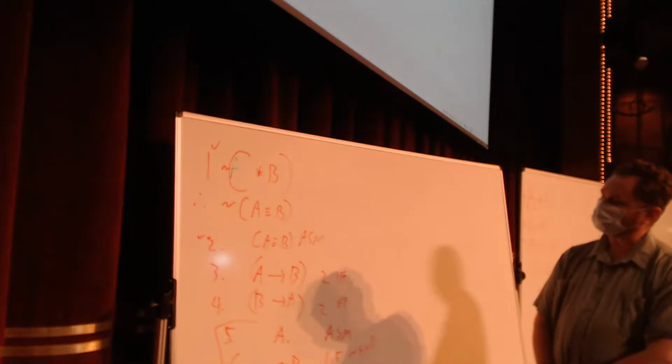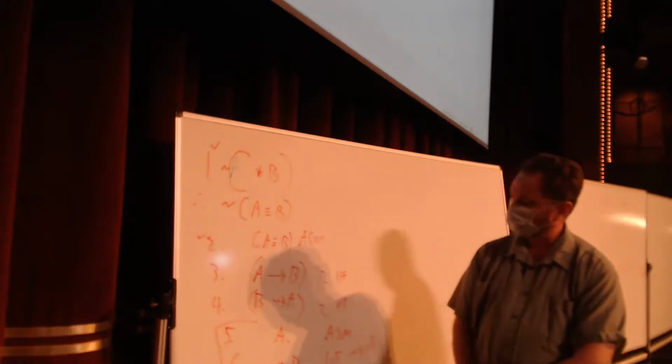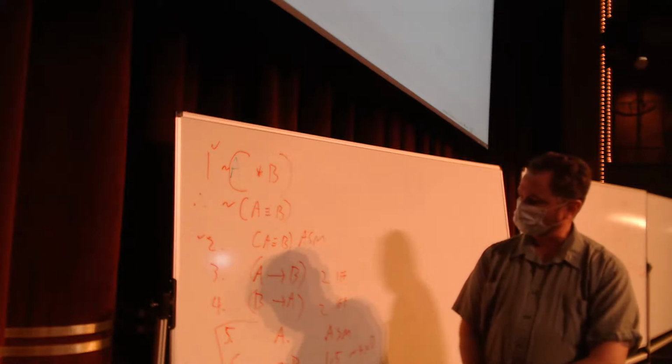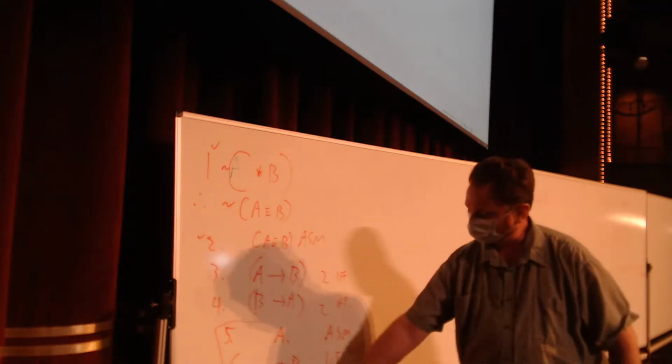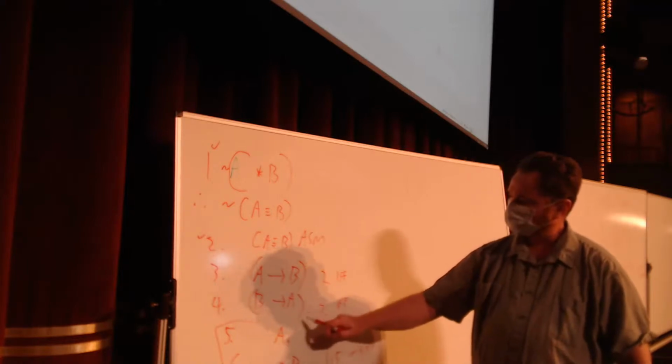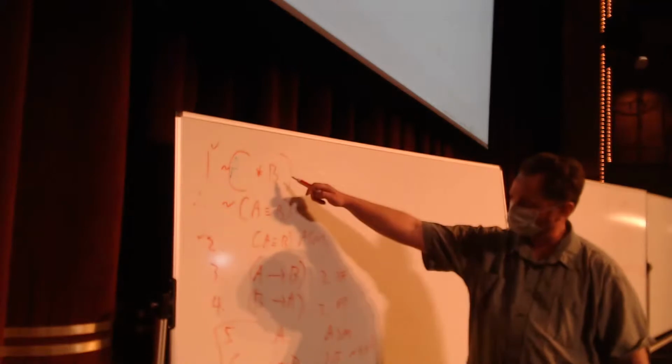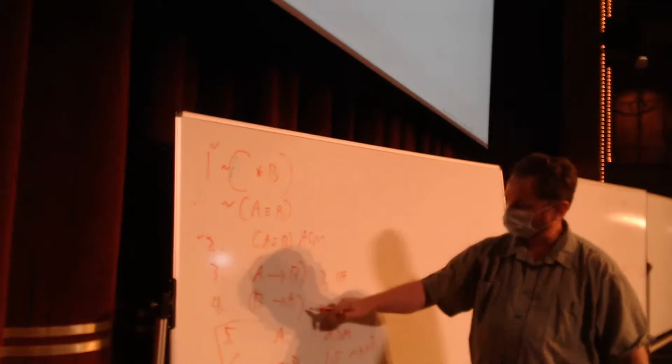Now I've got the not A. This is blocked off, but I can do an inference with 4 now.